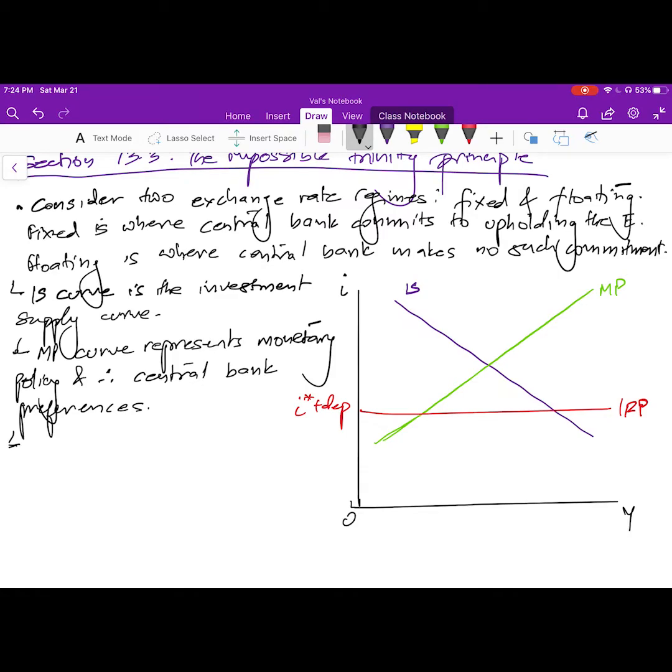The IRP curve represents the interest rate parity condition, which we just discussed a few minutes ago, and it says that interest rates across the globe must be the same.